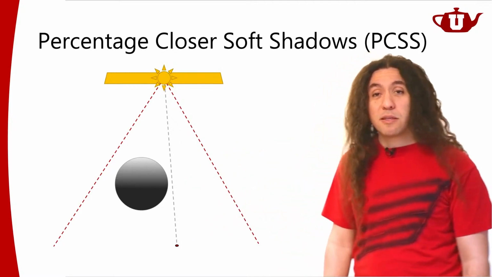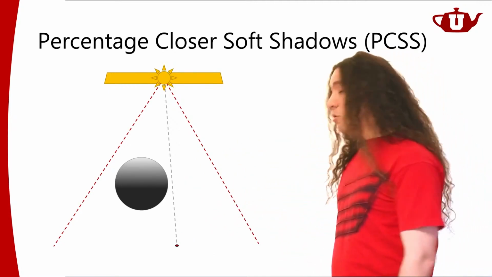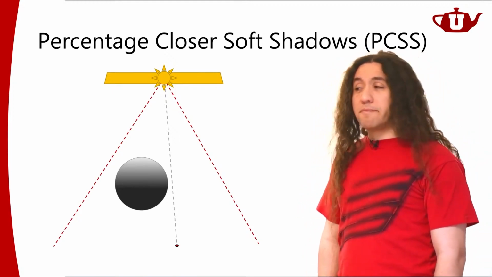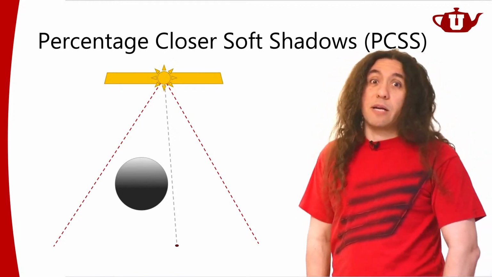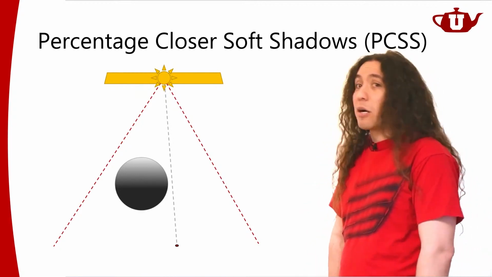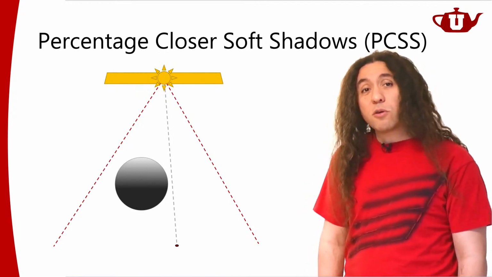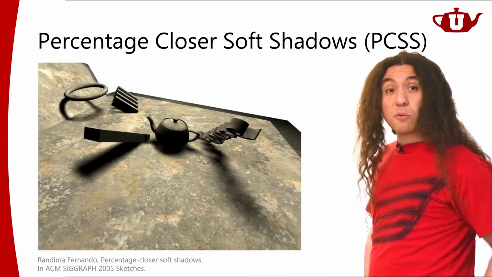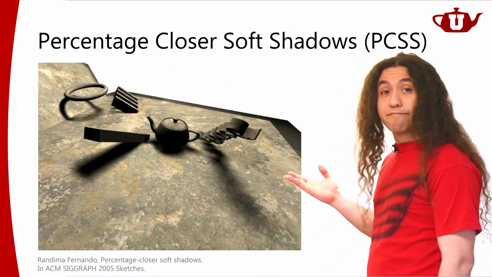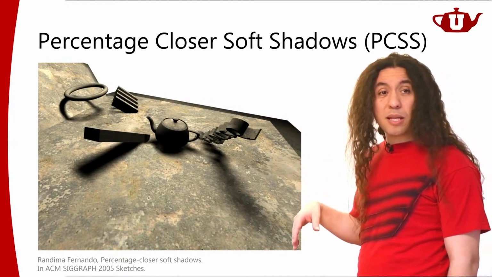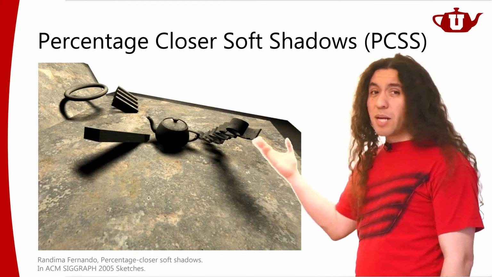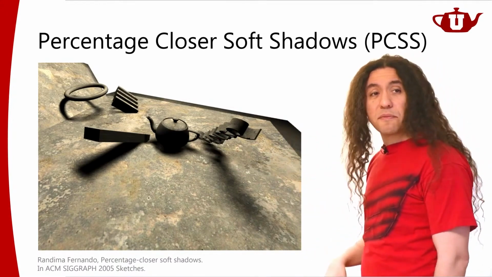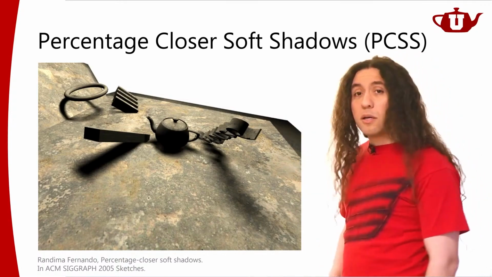So yes, this is not a perfectly accurate way of generating soft shadows, since we're approximating them. But in most cases, percentage closer soft shadows work pretty well. Even in an example like this, with relatively complicated objects and different shadows, it works really well.